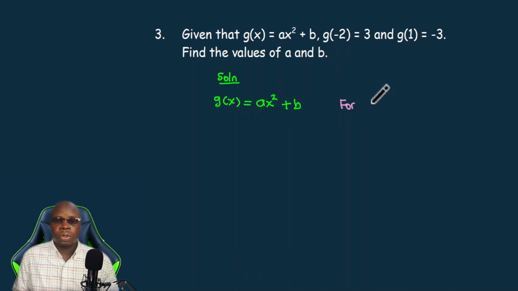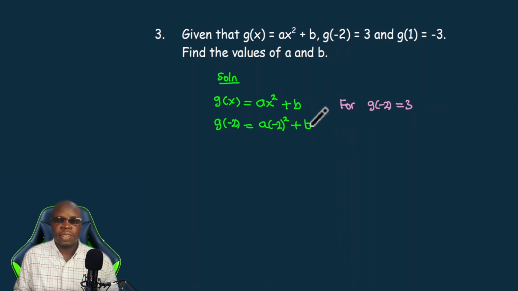For g of -2 equals 3, as our first condition here, we can go ahead and bring our -2 here and substitute x with negative 2, we can square, then plus b.